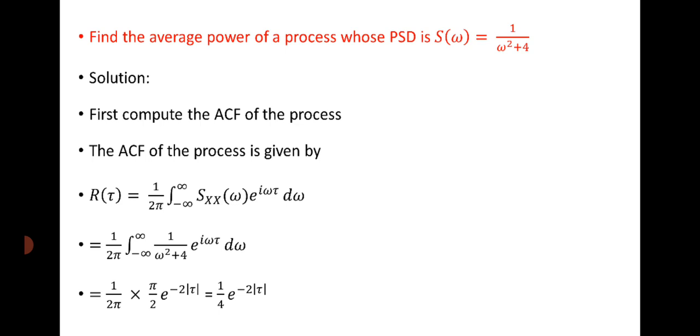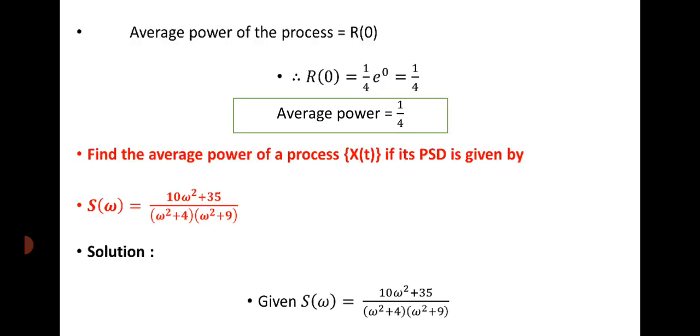Therefore, we'll get R_X(0) equal to 1 by 4 into e power 0, that is equal to 1 by 4, because e power 0 value is 1. That is the value for average power.